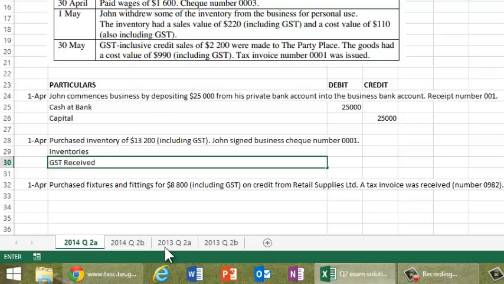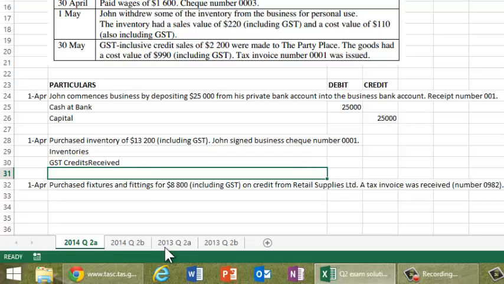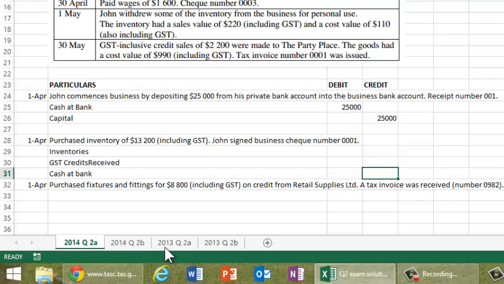GST credits received, so they're the ones we get back. And the other account, in this case, as I've already identified, is cash at bank. Whenever we pay for an amount, it is a credit to our cash at bank account.